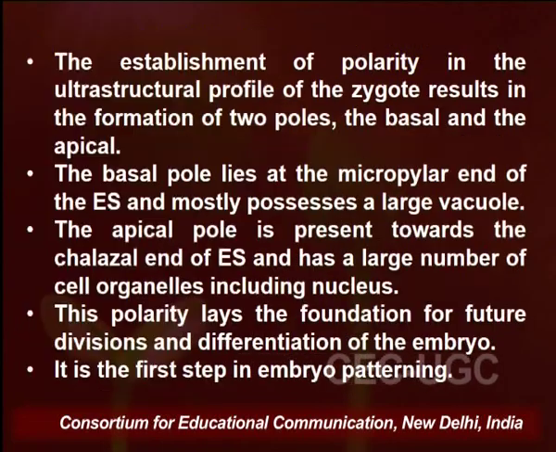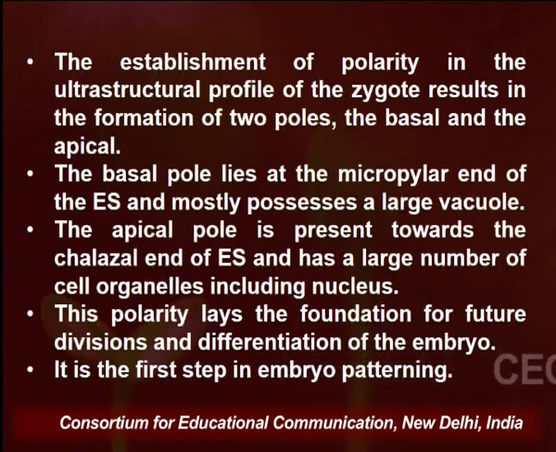The establishment of polarity in the ultrastructural profile of the zygote results in the formation of two poles, the basal and the apical. The basal pole is the one which lies at the micropylar end of the embryo sac and mostly possesses a large vacuole.